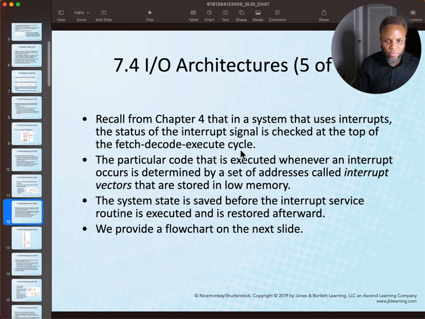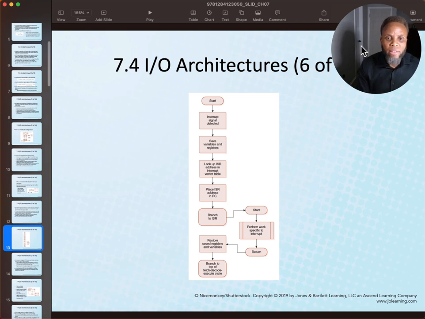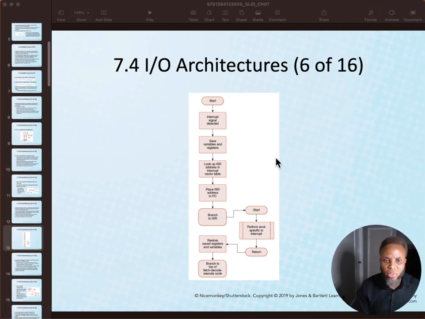All right. So we talked about interrupts. We learned that in the previous chapter. This image just really talks about how an interrupt works. Let's say that an interrupt signal is detected by the CPU. It saves everything it's doing right now, the variables, the registers, into some special space. It looks up the address of the interrupt service routine, because it has to execute that chunk of code.